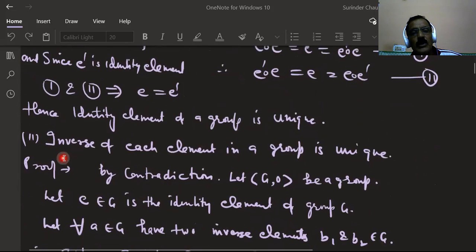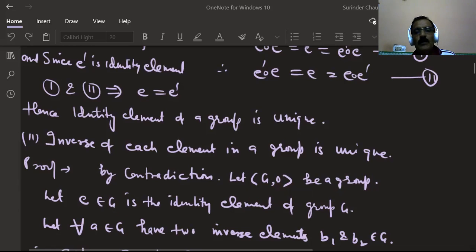Now next is: inverse of each element in a group is unique. Again, we'll prove it by contradiction. Let G be a non-empty set with binary composition, and let it be a group.